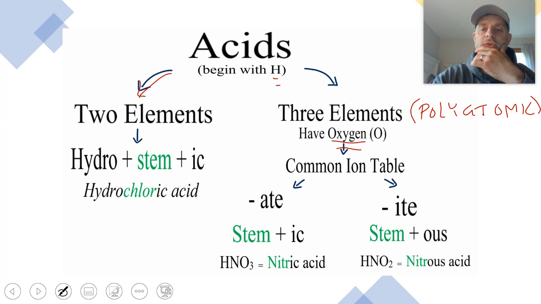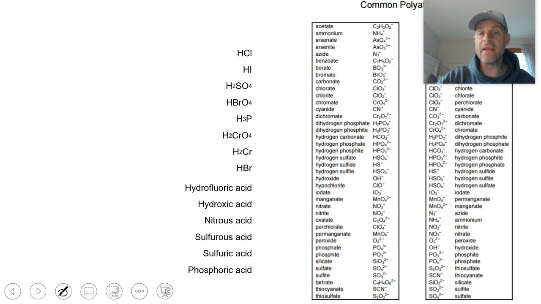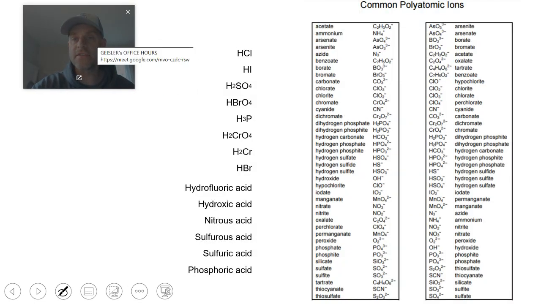So to understand this, I've got to go to my polyatomic ion table. And you might be going, I don't have that anymore. So on the second page of the worksheet, I gave you this right here.